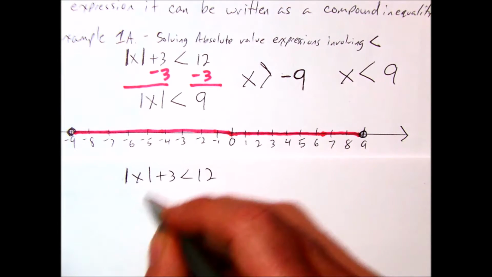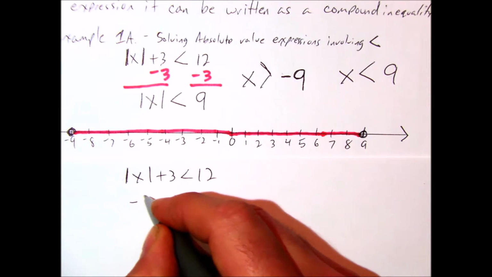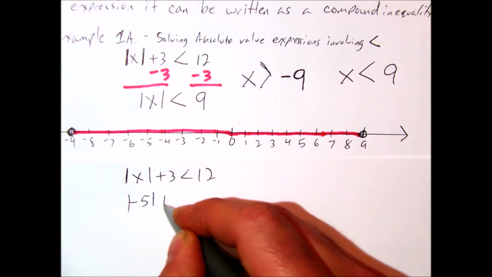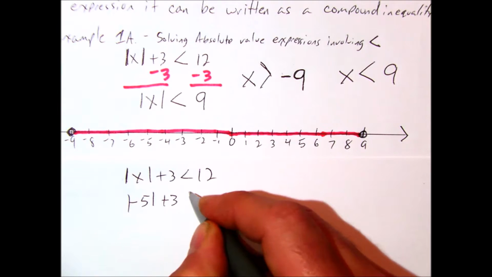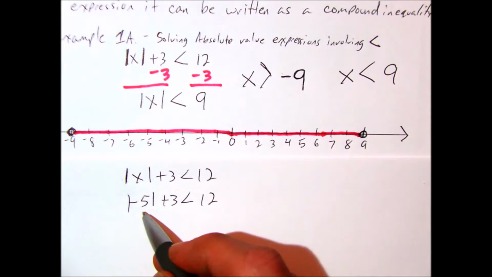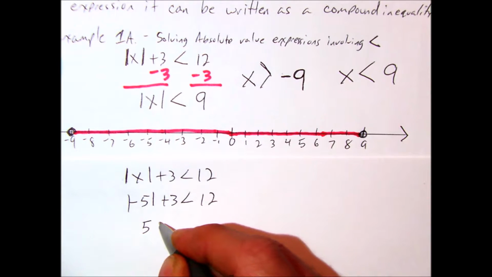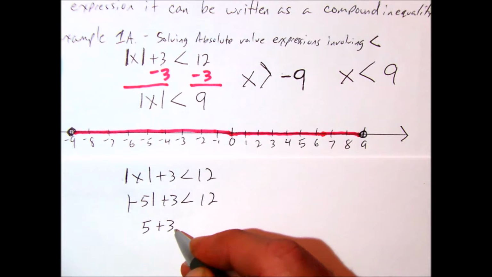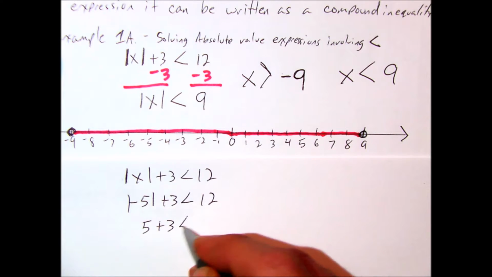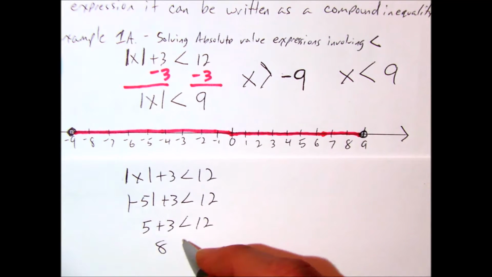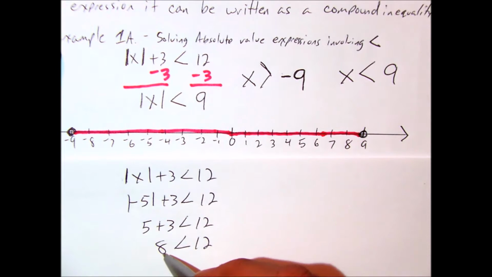So if I plug in -5, the absolute value of -5 plus 3 is less than 12. Well, the absolute value of -5 is 5. So that becomes 5 plus 3 is less than 12. So 8 is less than 12. So that's a true statement.